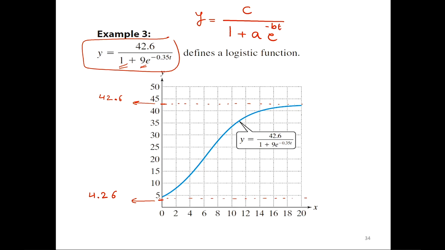It is a function between two values, the maximum C and the minimum C over 1 plus A.